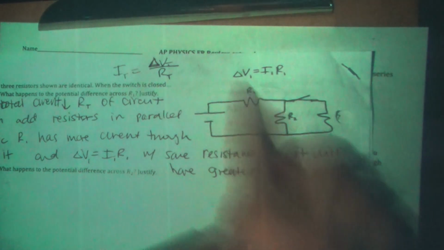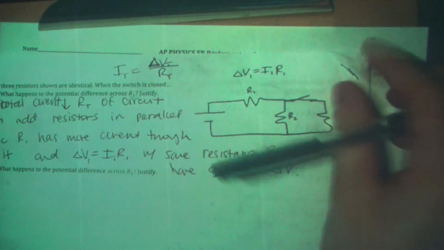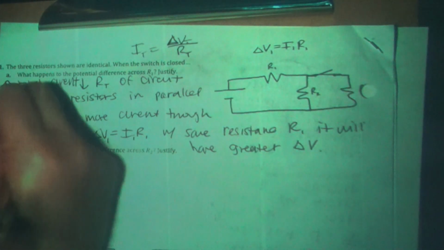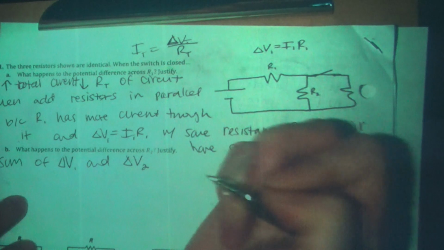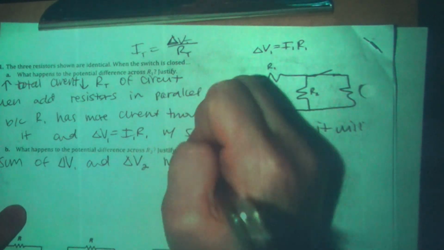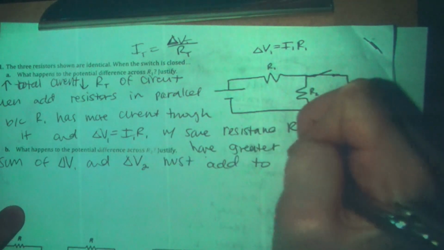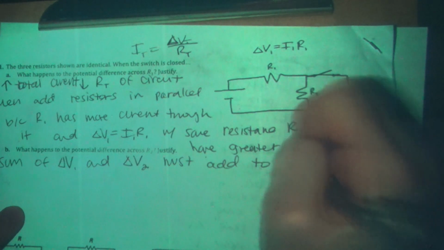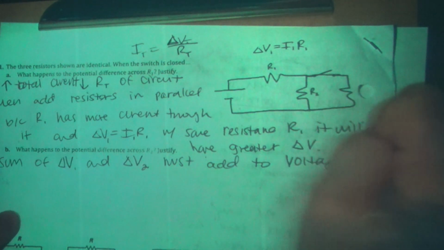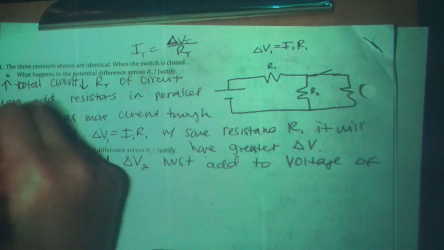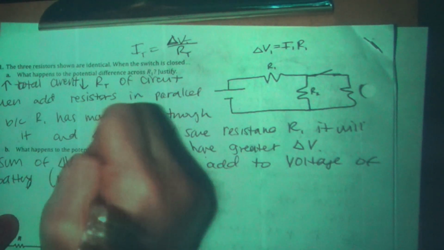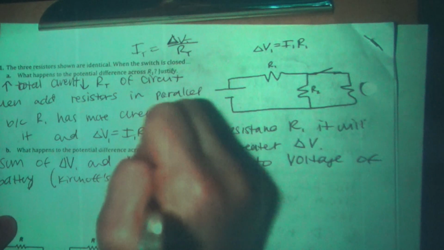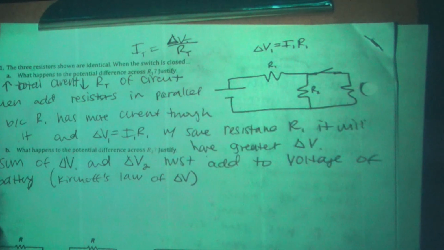So you could do the math here, or you could say, you know that the sum of the voltage across 1 and the voltage across 2 must add to the voltage of the battery. And then your reason here is just Kirchhoff's law of voltage.